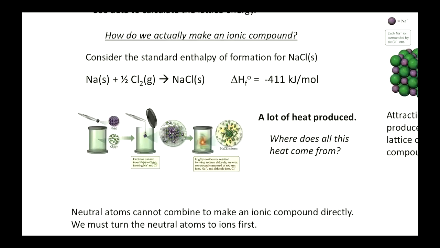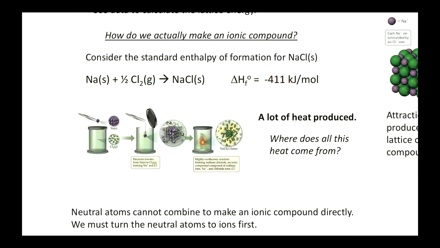The reactants here are sodium solid, because that's sodium in its most stable state, and chlorine gas, because that's chlorine in its most stable state, and we have a half. If we throw a block of sodium into chlorine gas to make white table salt at the bottom, tons of energy is released. It's very exothermic, about negative 400 kilojoules of energy is given off.